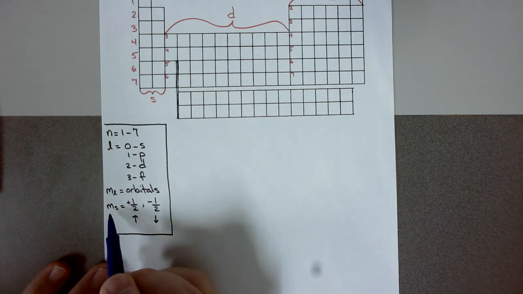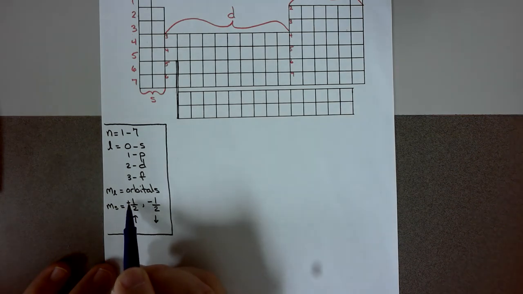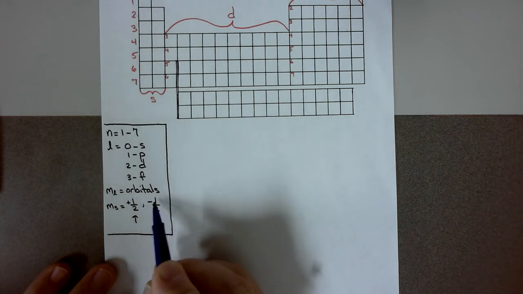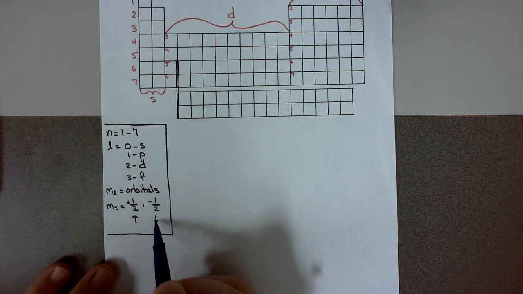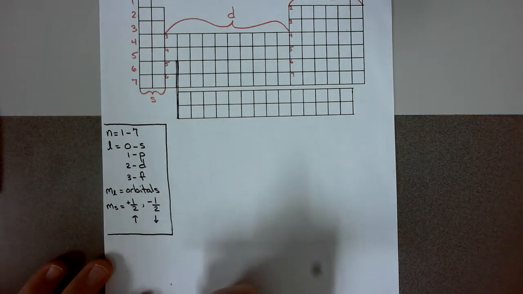And then we have our spin quantum number, where a plus 1/2 spin would be clockwise, which I'm indicating with an up arrow. A negative 1/2 spin would be counterclockwise, which is what I'm representing with a down arrow on my orbital diagrams.